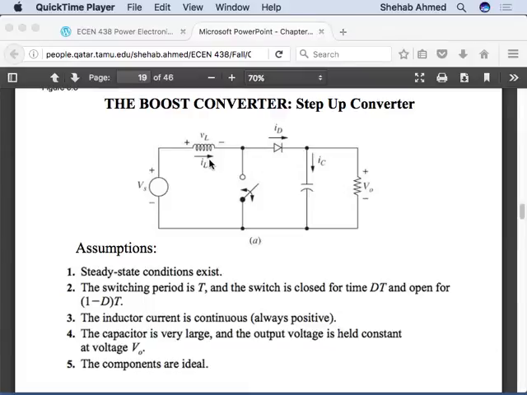Where will it go? I have to find an alternative path for it to go, otherwise the voltage L dI by dt will appear across my open switch. So I put a diode to allow inductor current to flow through that diode and then out to the capacitor and the resistor, right? If I dump some of the current into the capacitor, what will happen to the capacitor voltage?